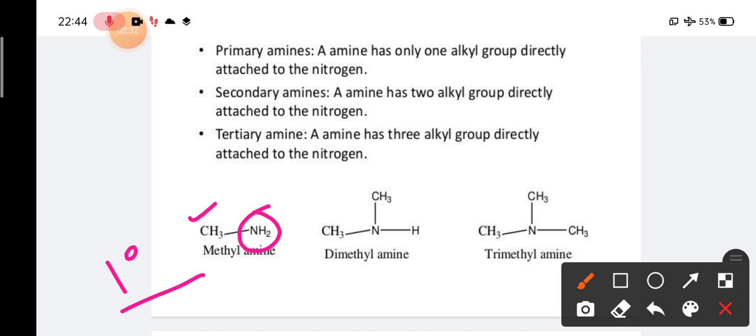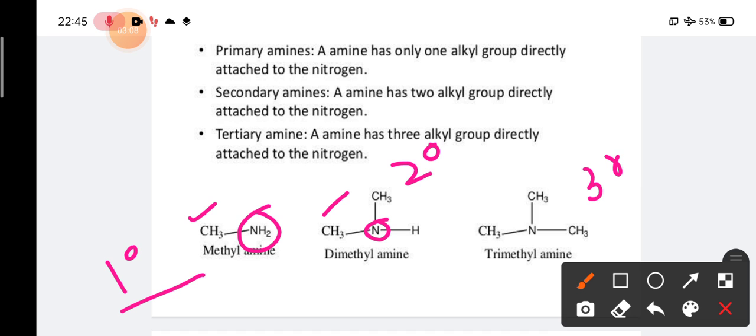If the nitrogen is bonded with two carbons, as in dimethylamine, then it is called 2 degree amine or secondary amine. If the nitrogen of amine is bonded with three carbon atoms, then it is called 3 degree amine or tertiary amine. So in this way we can easily classify the amine group.